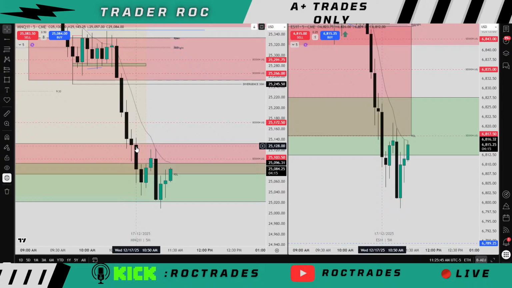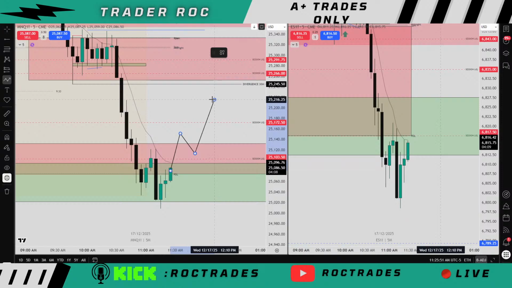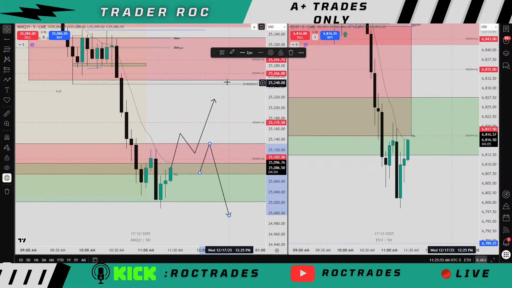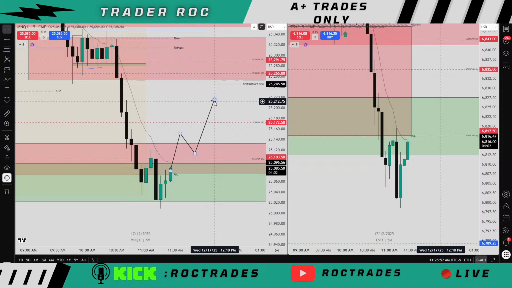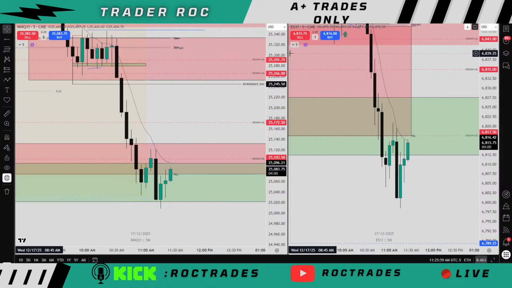So now my eyes go right back to this bearish gap. I wonder, all right, is this going to get absorbed? Are we going to flip this area? Or is price just going to push right back into that bearish gap and continue lower? Let me see that. What?